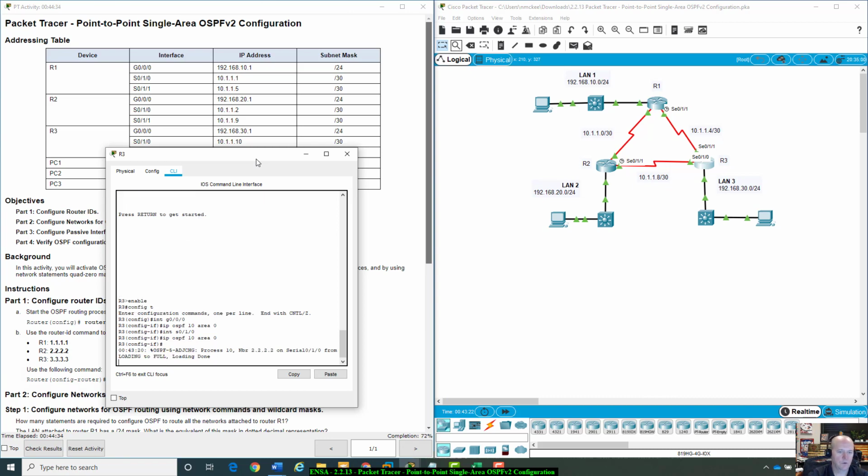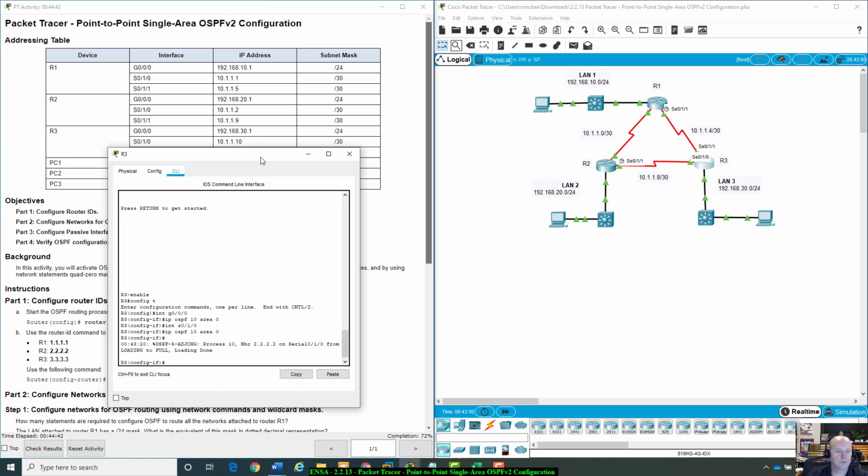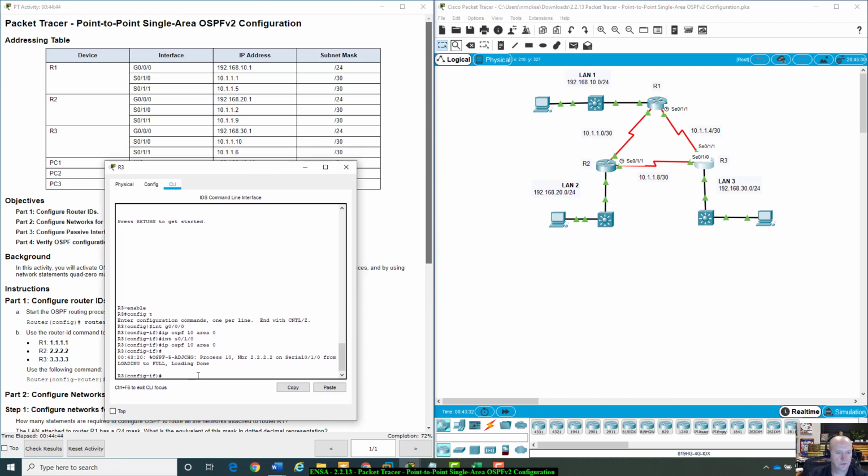Now we're starting to get neighbor messages from R2, which is 2.2.2.2. So that's good. All right, so we've done 2, and finally we've got interface serial 0/1, ip ospf 10 area 0.